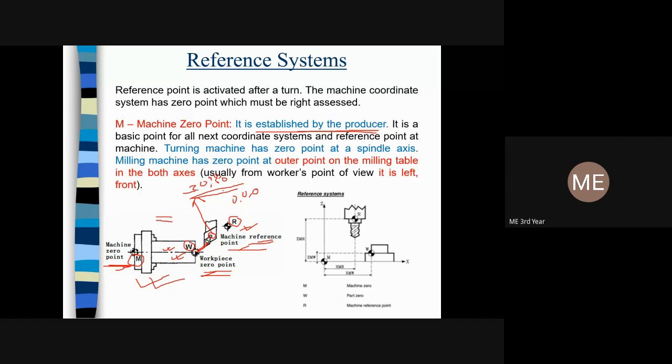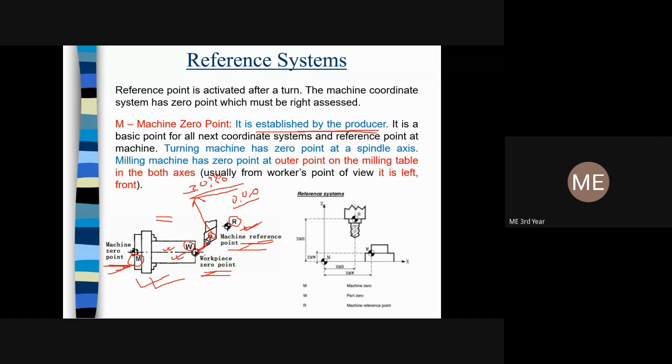For that reason, we have to set some point in the machine as 0, 0, 0, and that point is called the machine 0 point. Only for this do we want to set the tool reference or machine reference point somewhere. That's why we have to set the machine 0 point earlier.